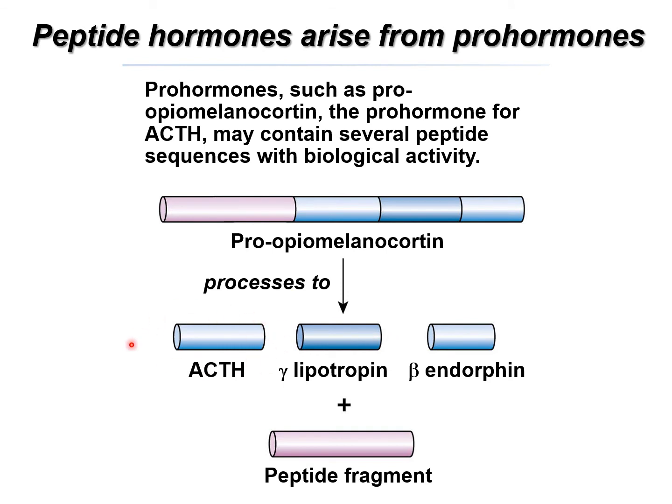We have adrenocorticotropic hormone, we have gamma lipotropin, and beta endorphin, which many of you might be familiar with. All three of these come from the original peptide sequence, along with this other peptide fragment, which may have something to do with the processing and targeting of this peptide to a vesicle before it's secreted. In any case, we can control this by controlling when these peptides are cleaved and/or when we secrete. So it's an overlapping, redundant system of control, so you don't get too much or, in some cases, too little secretion.